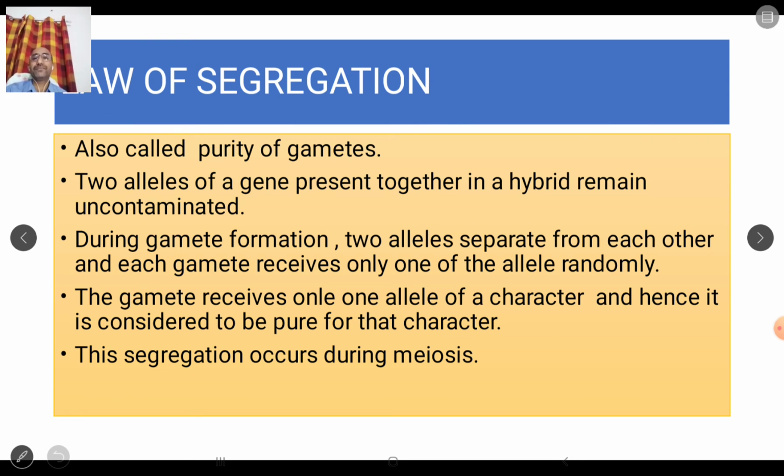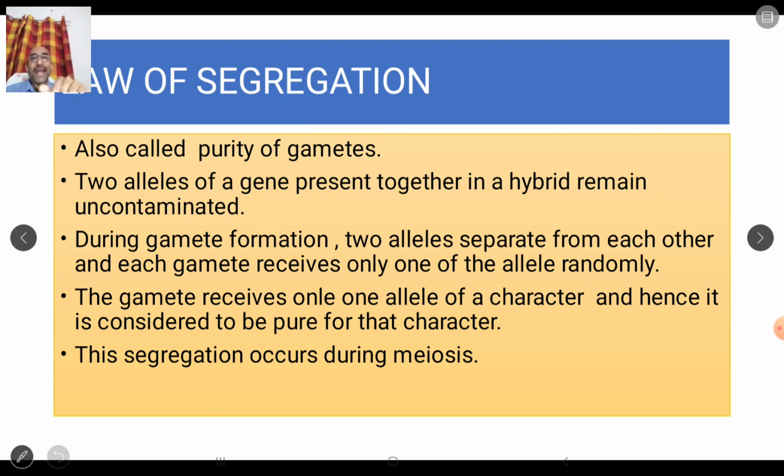What does it say? It says that when two alleles of a gene are present together in a diploid individual, they remain there without being contaminated.